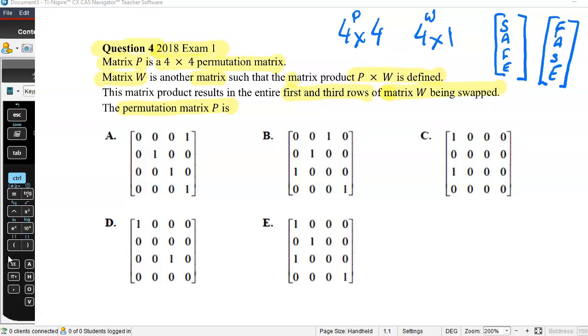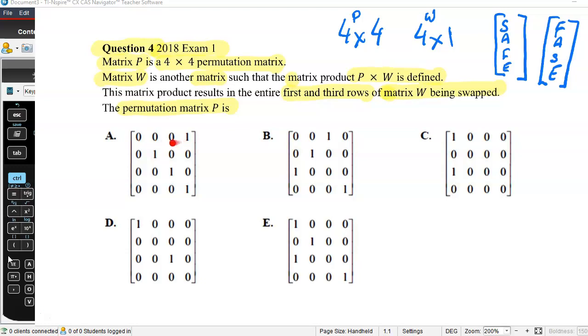But here, the first and third rows, so the S and the F, have to be swapped. So let's go through and test which one would do it.